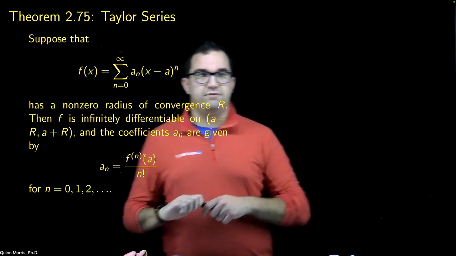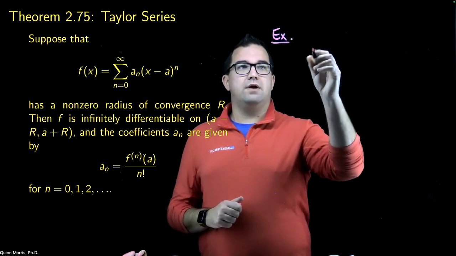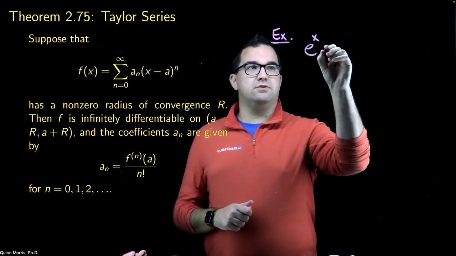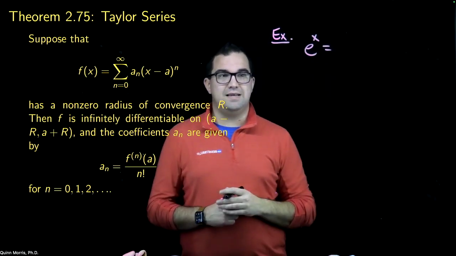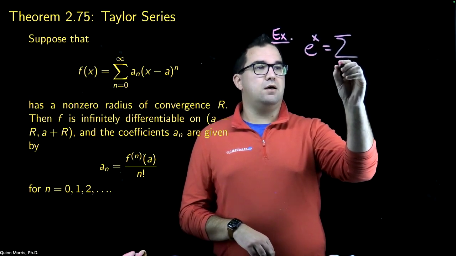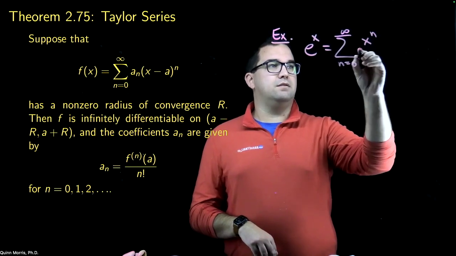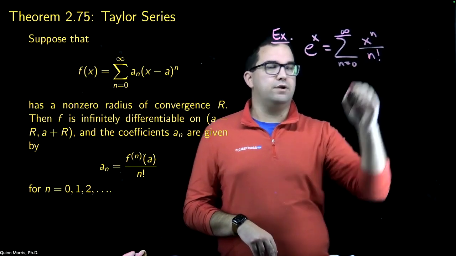So just as an example of how all of this works together, the Taylor series for e to the x centered at 0 is the sum from n equals 0 to infinity of x to the n divided by n factorial.